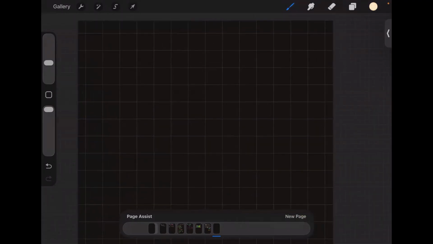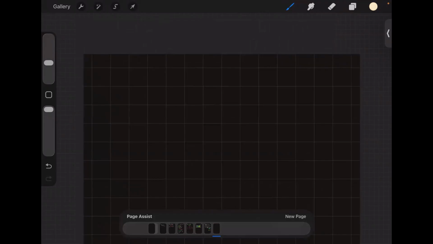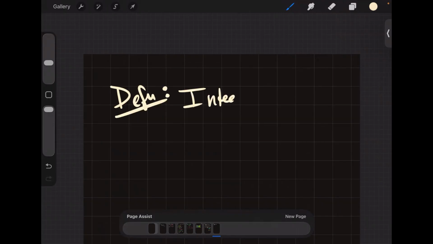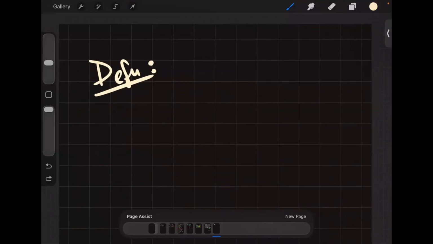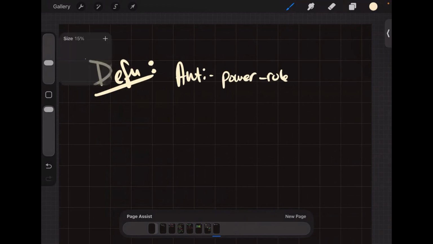So I will teach you, I guess I'll call it a definition. The integral of, I'll give you a loose definition, the anti-power rule, or the antiderivative of a power rule, I guess.